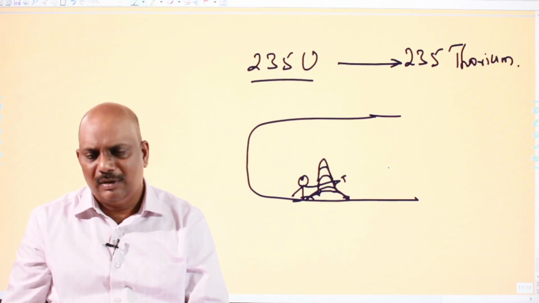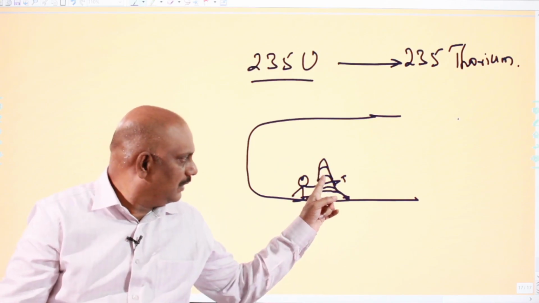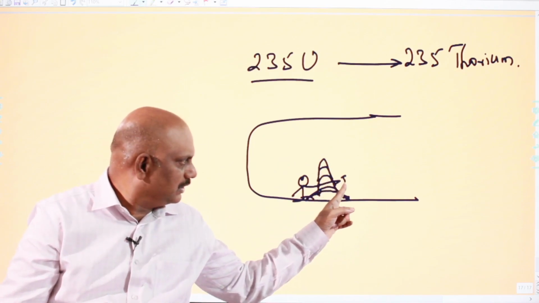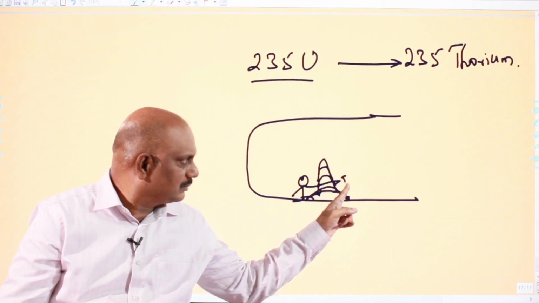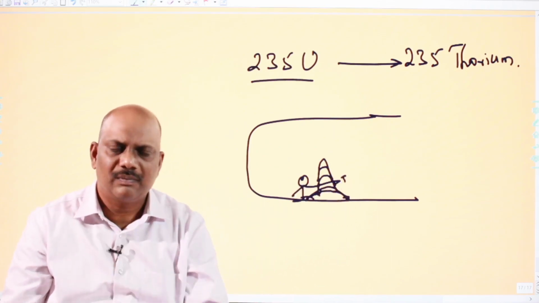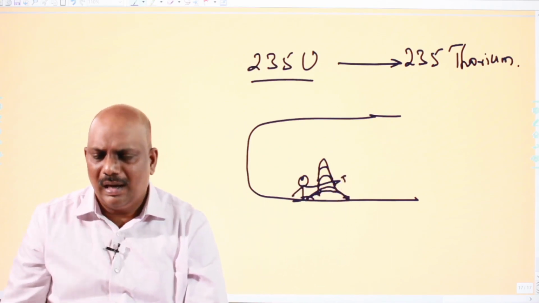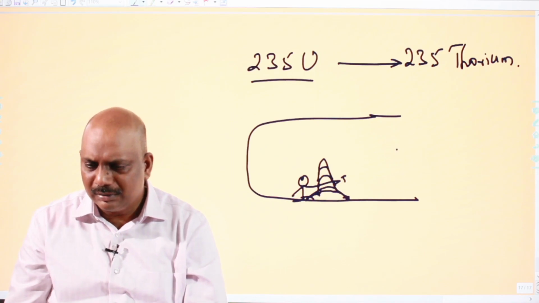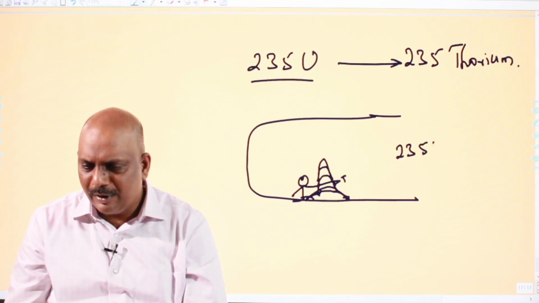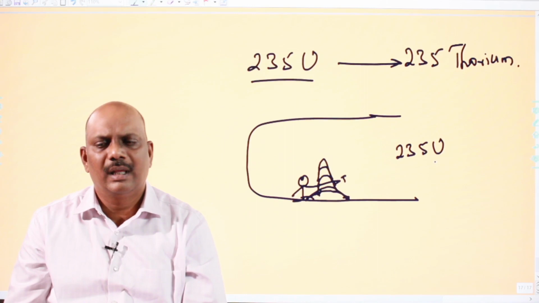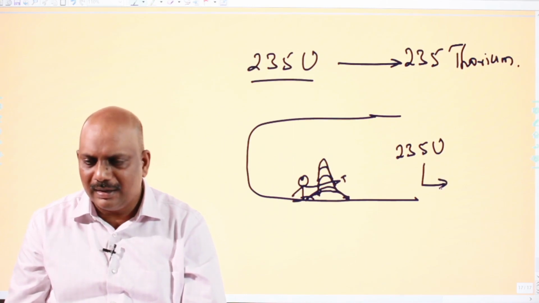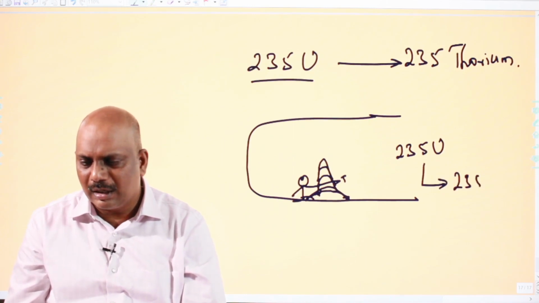So now what they will do, they will collect the limestones of this region, and they will study how much 235 uranium is there and how much got decayed into 235 thorium.